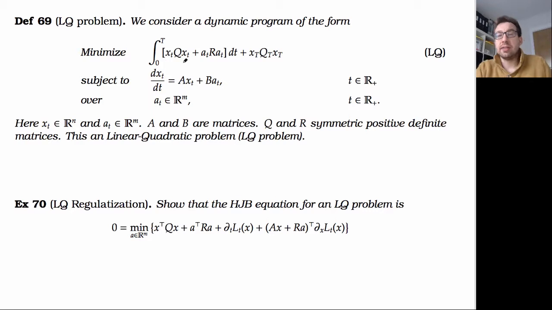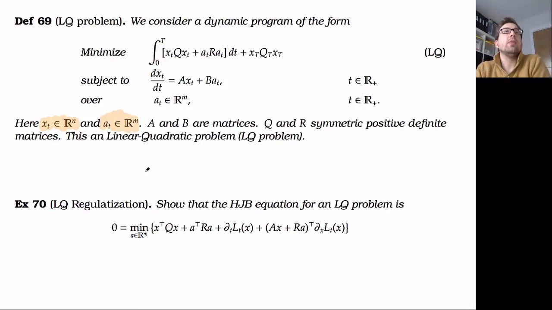There are lots of ways we could re-express this, but essentially the form of the problem we're going to try and solve is the following: we have a continuous time dynamic program, where the set of states belongs to some set of vectors in R^n, and the set of actions belongs to some set of vectors in R^m.